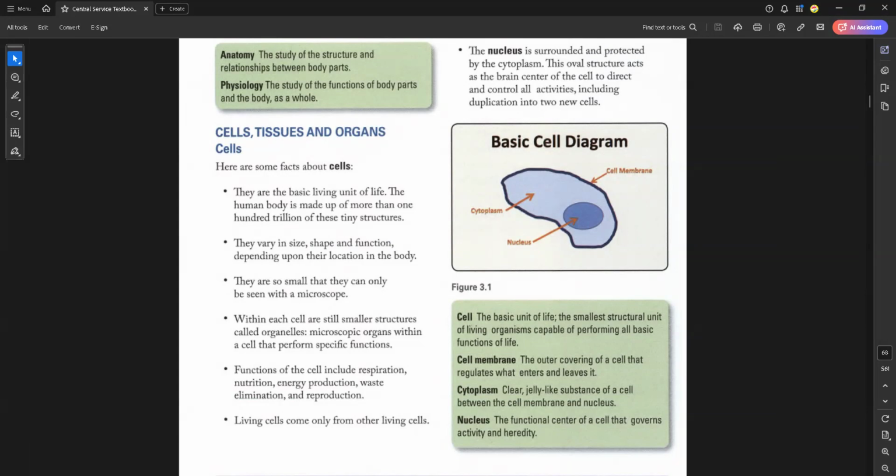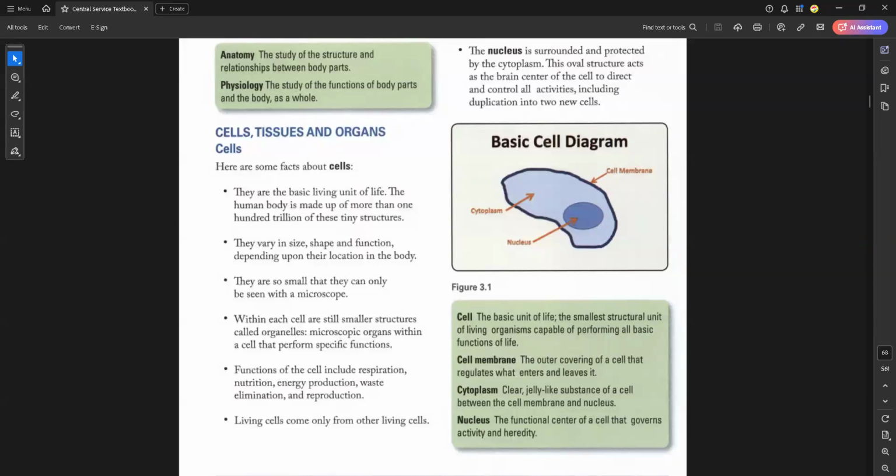And also the cells in the stomach. You see, the stomach is to digest, to break down food. So the cells in the stomach will have the ability to break down food, and that is different from the eye. So when we say cells vary based on size, but I'm more interested in the shape and function, this is what they mean.